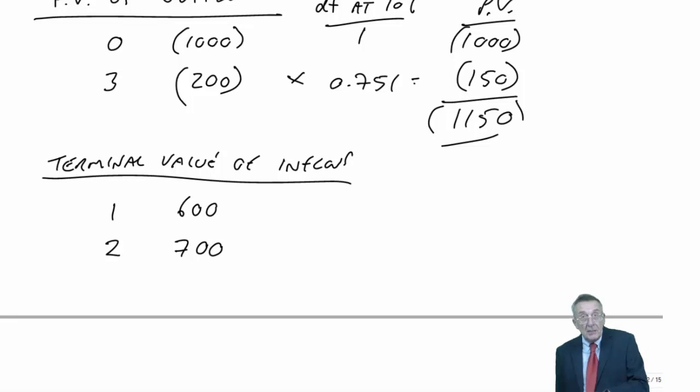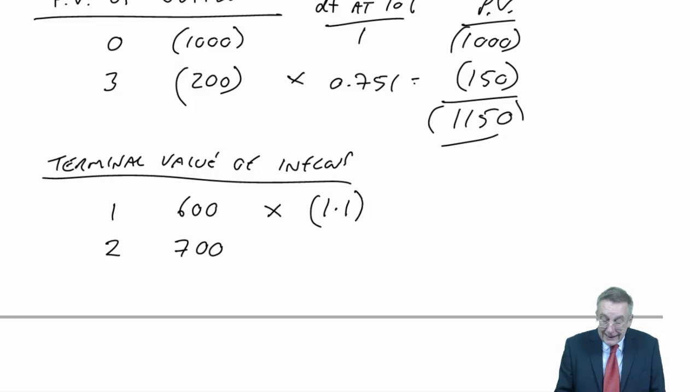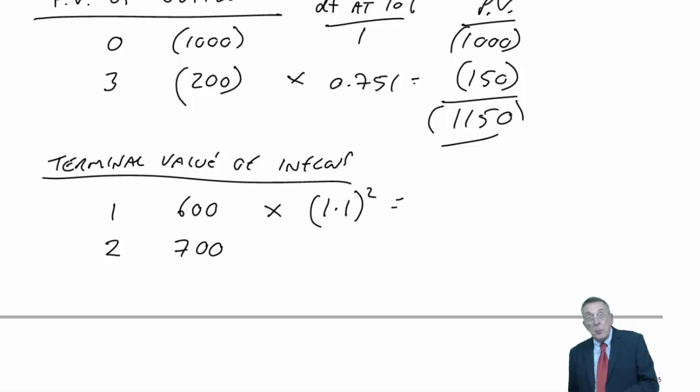And so to get the terminal value of 600 in 1 year's time, we need to add on 2 years' interest at 10%, multiplied by 1.1 each year to add on interest.